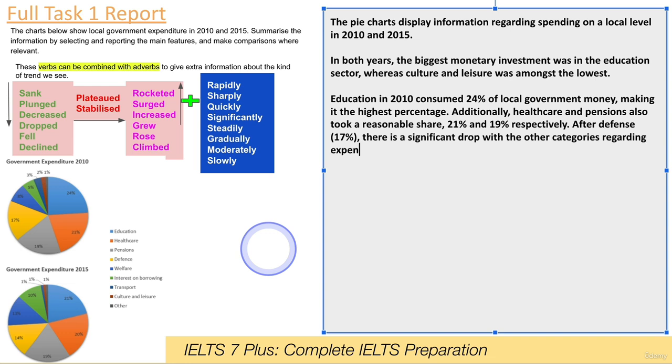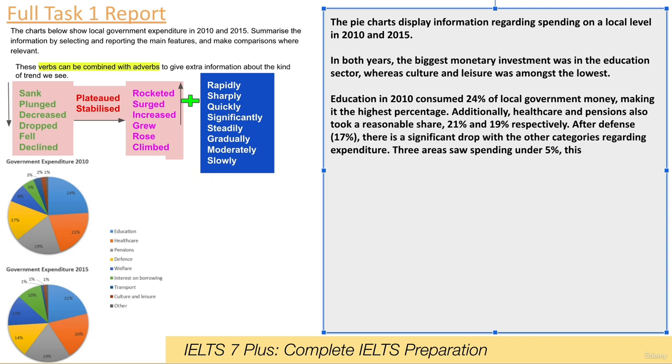We can call it expenditure. Three sectors or areas saw spending under 5%.